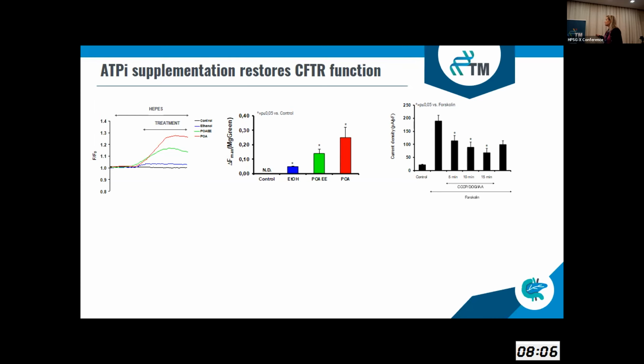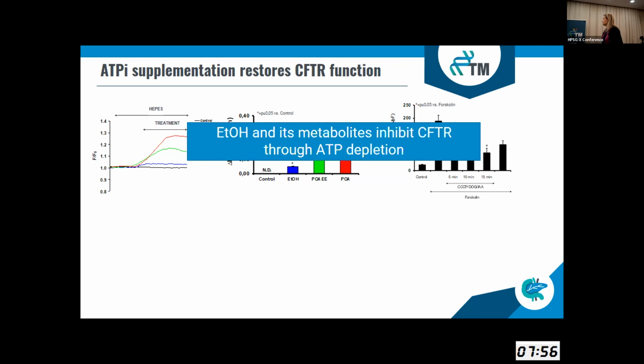As shown on this chart, the CFTR activity significantly decreased due to the inhibition of the mitochondrial and glycolytic metabolism.